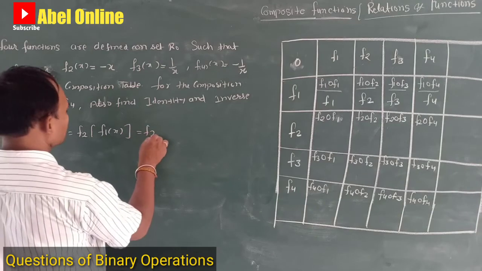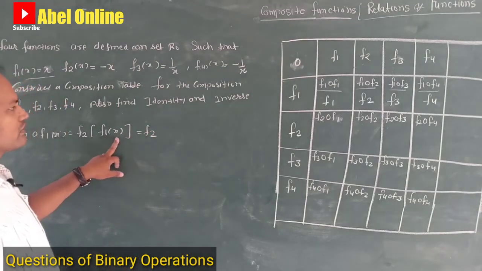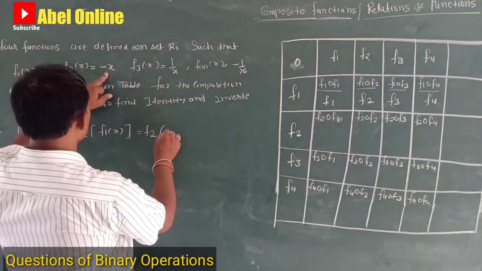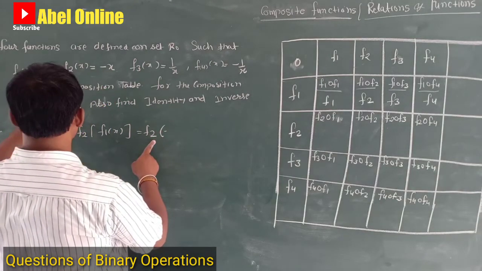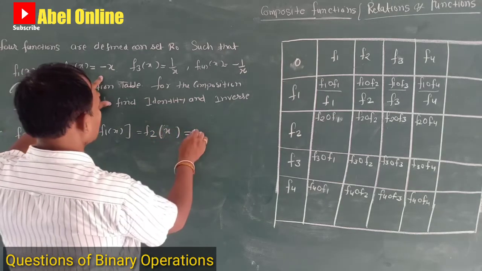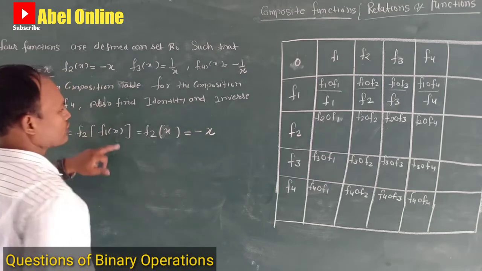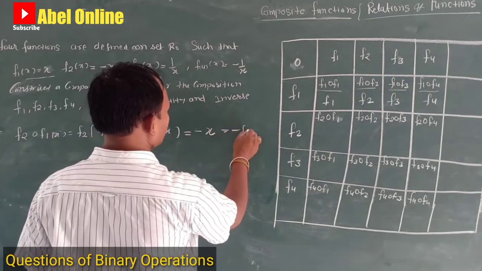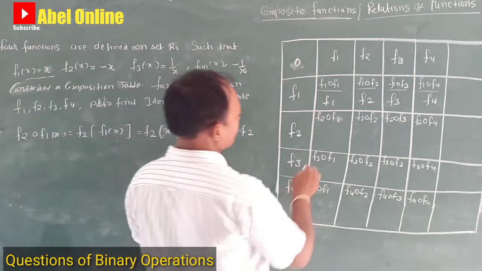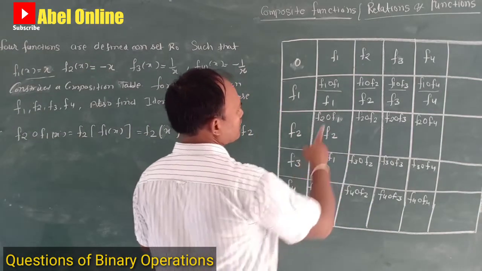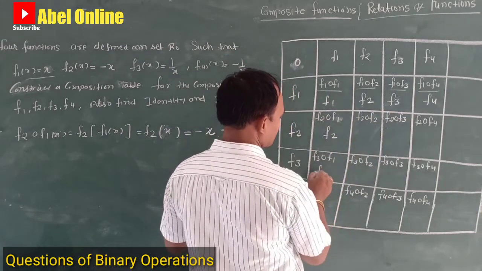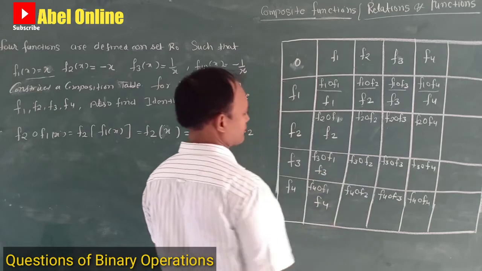The value of f1(x) means x, and f2(x) means minus x, so it is minus x, the value of f2, so we can write here f2. Same here, f1, f2, f3, f4.